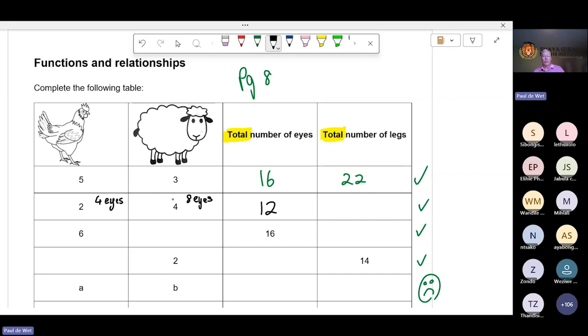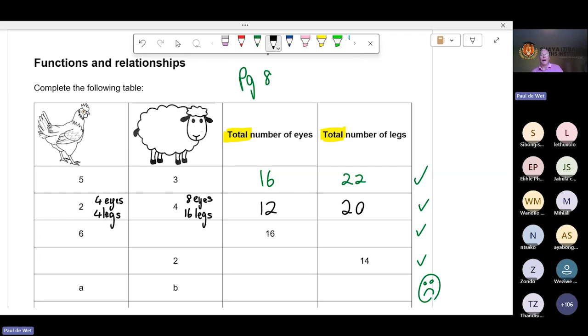Okay, because each of them has got 2 eyes, and there's the 12 eyes. Okay. The 2 hens will have 4 legs because each hen has got 2 legs. But the 4 sheep will have 16 legs. So the total number of legs will be 20. Okay, I'm seeing lots of you getting this right.